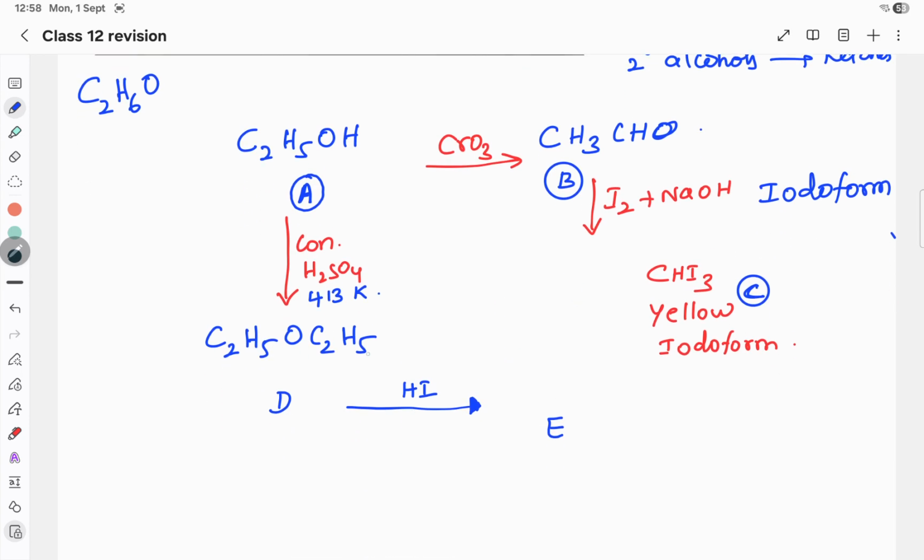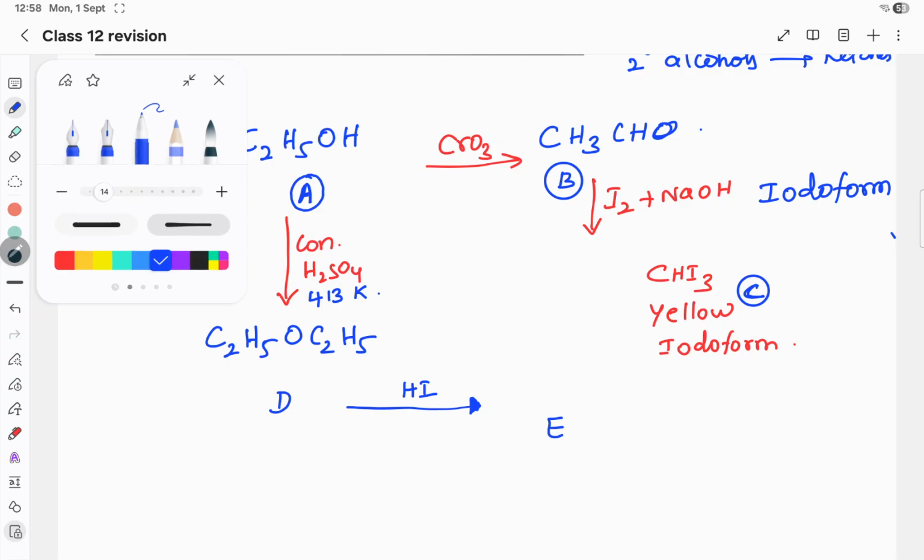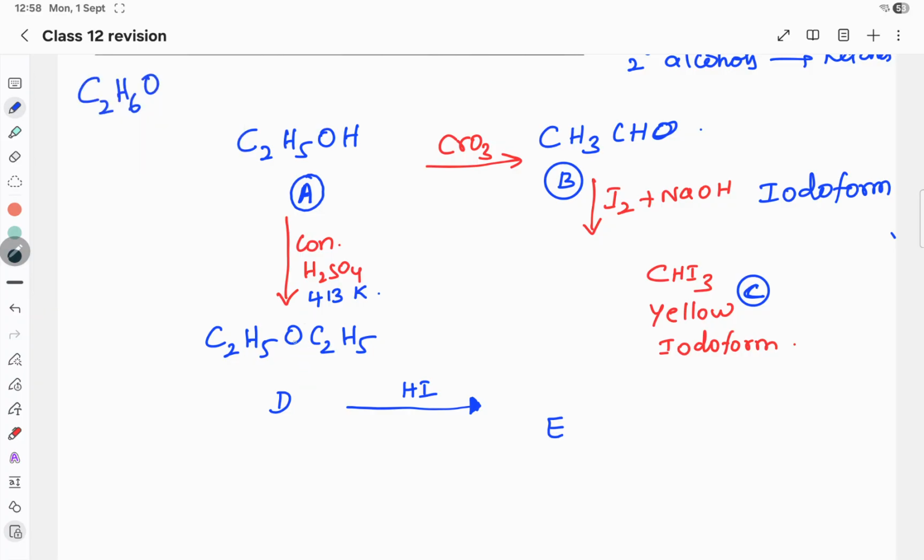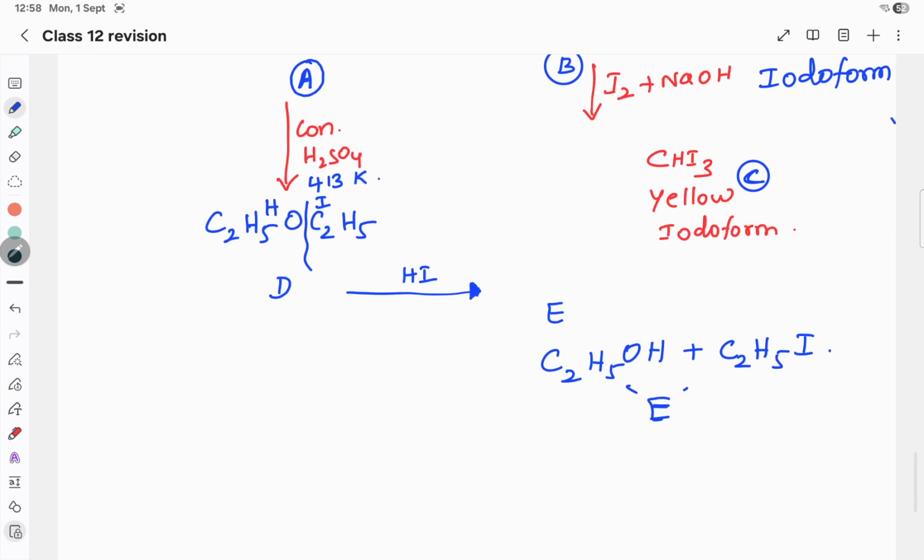Since it is a symmetrical ether, H can be written anywhere and I also can be written anywhere. So break this bond and add H and I. You will get C2H5OH plus C2H5I. So for compound E, no clue is given, so E can be both.